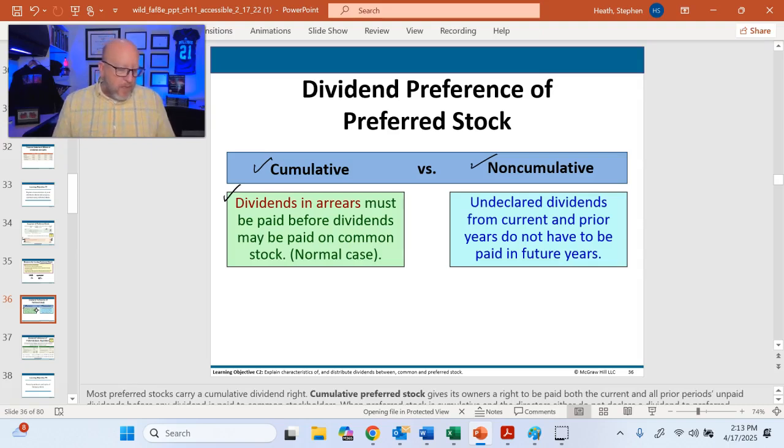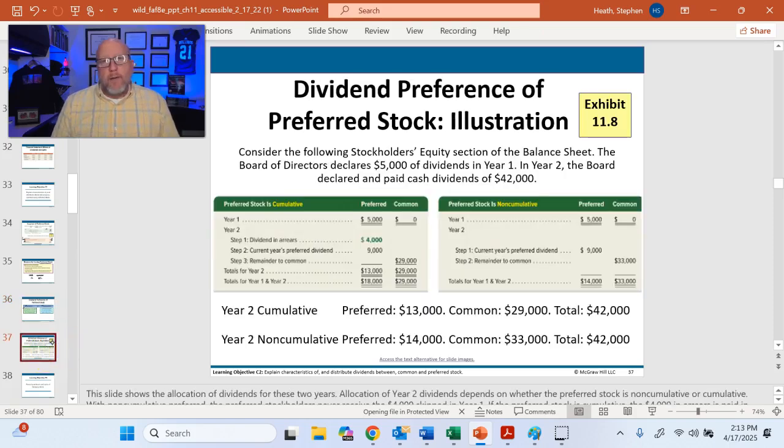If I miss a payment, then unfortunately those preferred shareholders don't get that dividend, and they don't get a makeup payment. Okay. So how do I quantify my dividend payments that are supposed to go to preferred shareholders?